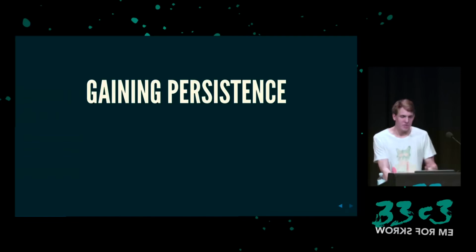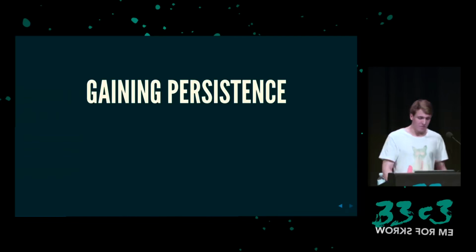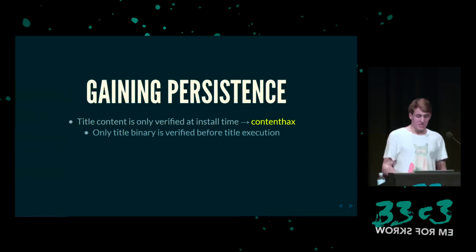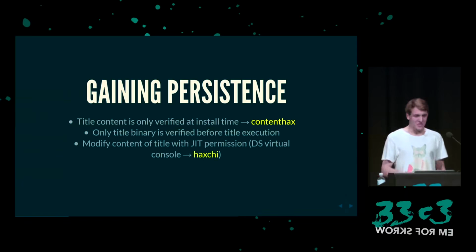And now we want to make everything persistent. So how do we do that? We find that title content is only verified at title install time, but never at boot time. Because at boot time, they only verify the title binary. So what you can do is you can actually start to mess with the metadata of titles and overwrite it. And what we did was to overwrite the ROM for a DS game, exploited the emulator, and got user mode code execution again.